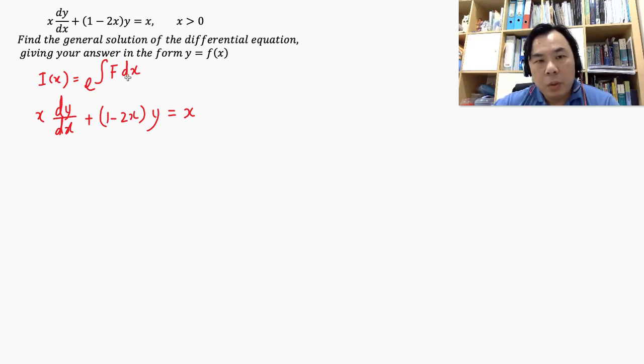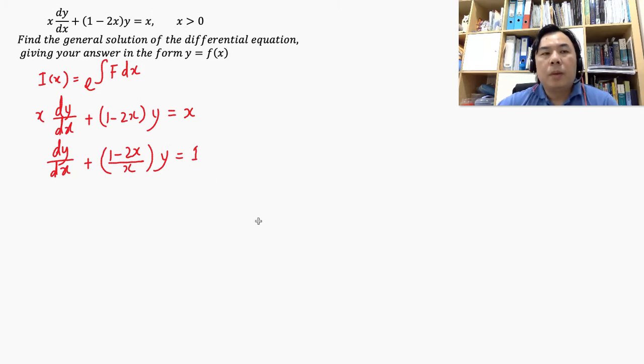Now, before you can do that, you must make sure that the coefficient of dy/dx is equal to 1. So in order to do that, we have to divide the whole equation by x to obtain this form. So first step, you make sure the coefficient for dy/dx is 1.